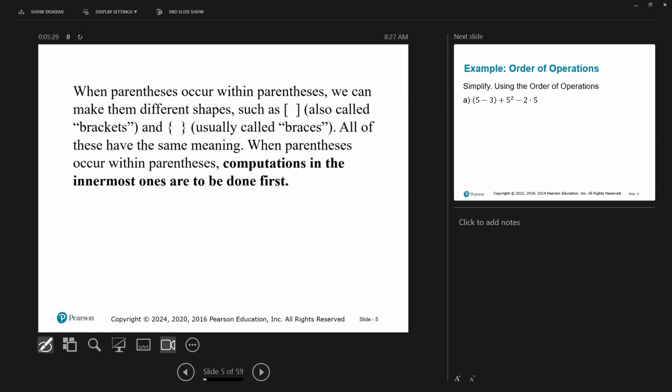When parentheses occur within parentheses, we make them different shapes. So we use the brackets and we use the braces. I call them step brackets, but the braces, all of these have the same meaning. When parentheses occur within parentheses, the innermost ones must be computed first.